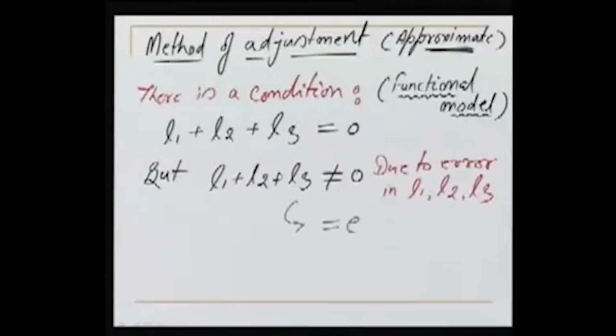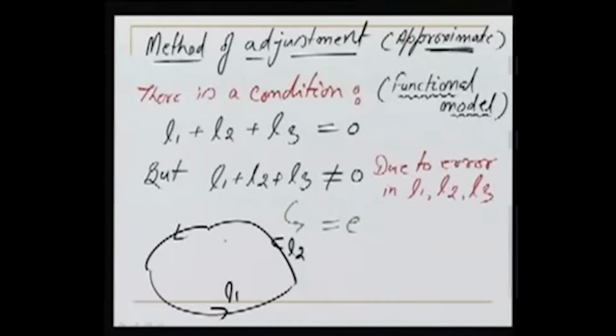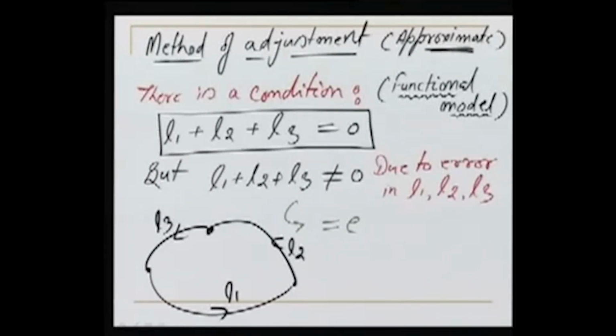And we know that in that particular problem, L1, L2 and L3, where L stands for difference in levels, L1 plus L2 plus L3 should be equal to 0 if the observations do not have any error.